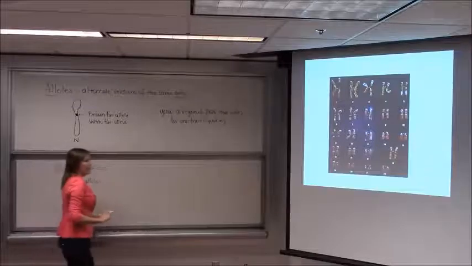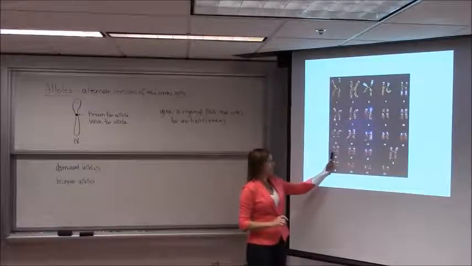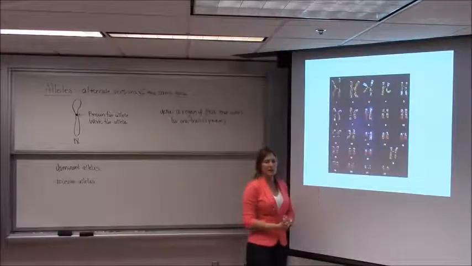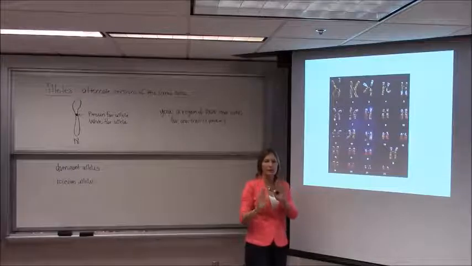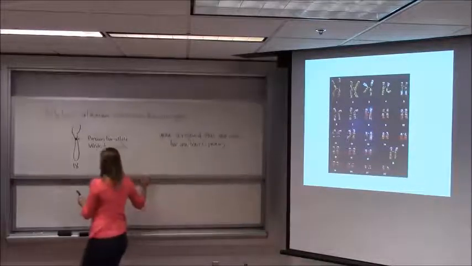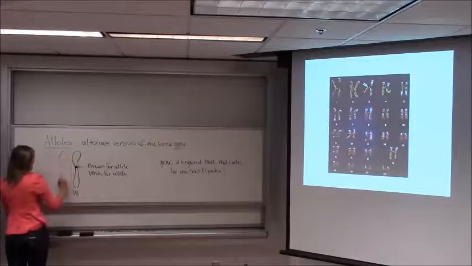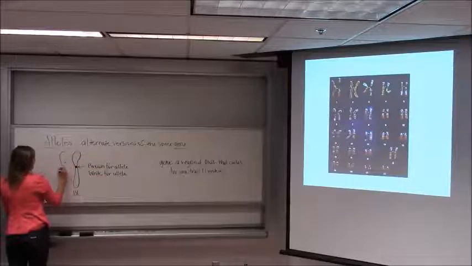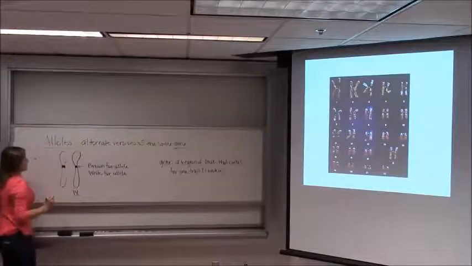We also know that since we get a chromosome from mom and a chromosome from dad, we have two alleles. So this hamster got one chromosome 18 from mom and one chromosome 18 from dad. And he's going to have that fur allele in the same location on both of those chromosomes.